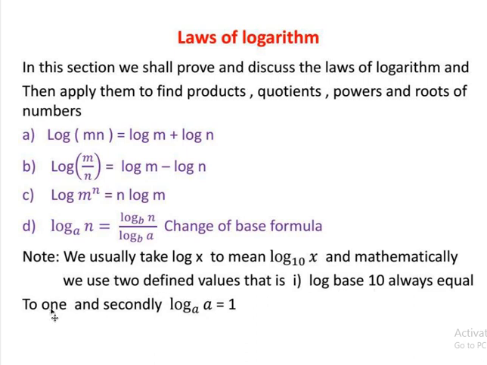And we also have another defined law, that is logarithm of a with base a, which is equal to 1. This means if a logarithm has the base and its value the same, that is a verified and proven statement or defined law, which is always mathematically equal to 1.